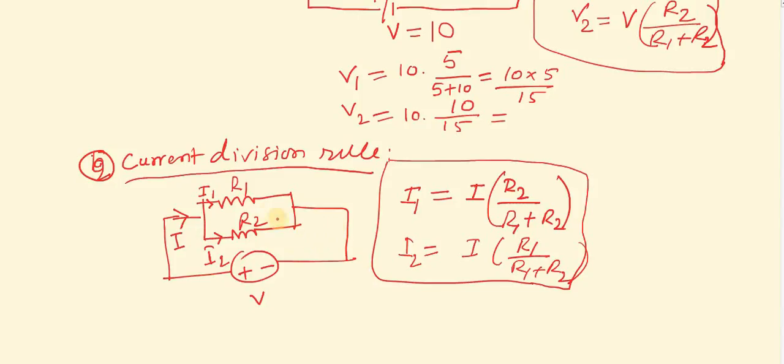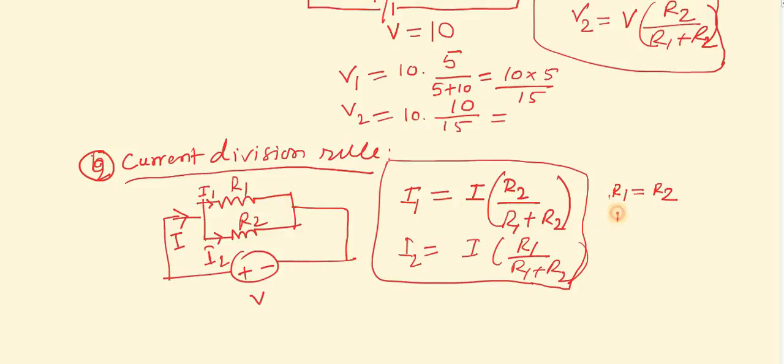Now say R2 and R1, there may be different cases here. If R1 is equal to R2, then both values are equal. So in this case the current will divide equally between these two resistances.